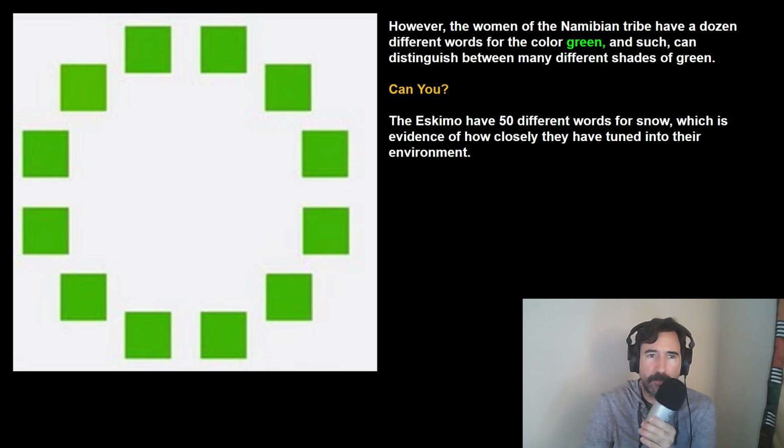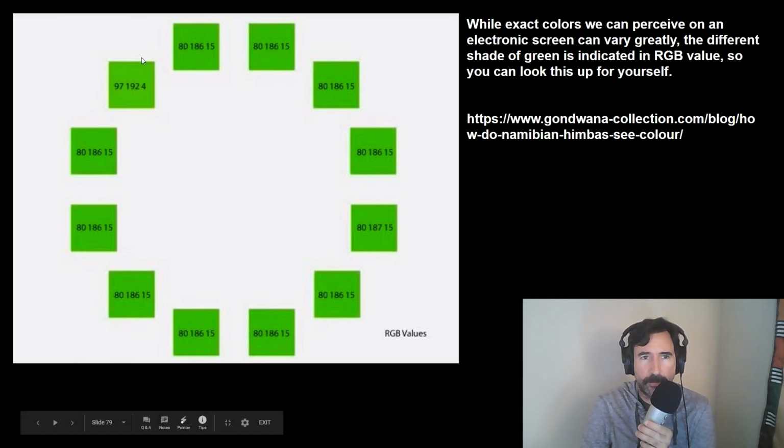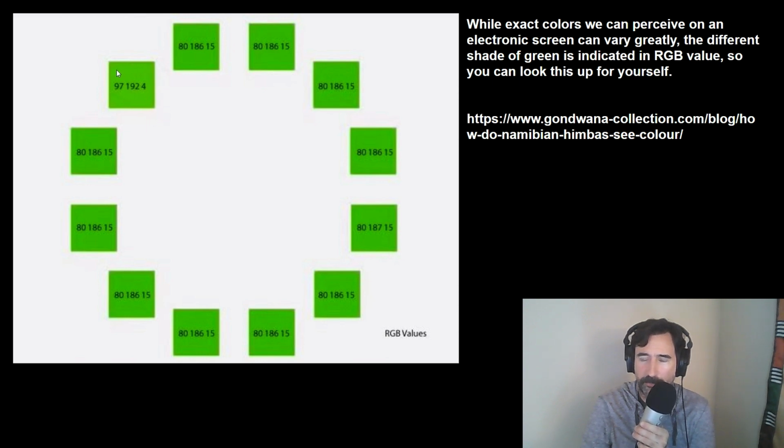Okay, so here's the big reveal. Register your choice now, and here's the next slide. Let's look at which panel is actually a different shade of green. It's going to be this one right here, almost in the upper left. You can see the color values on each of these squares are the same except this one here.